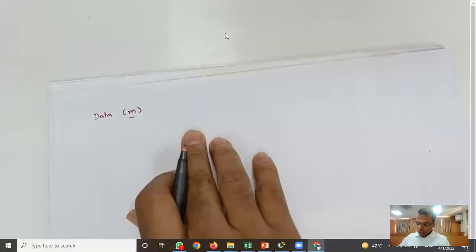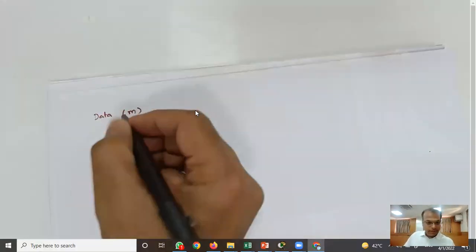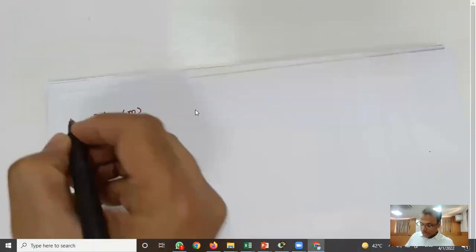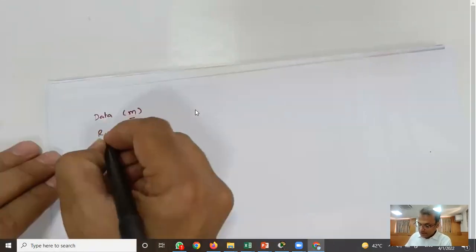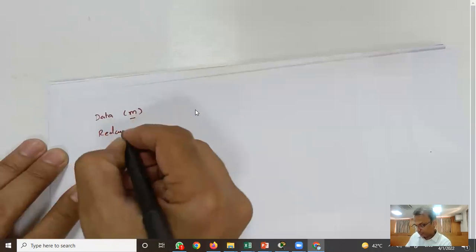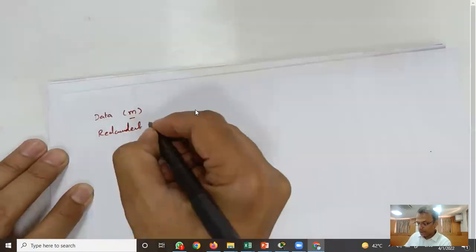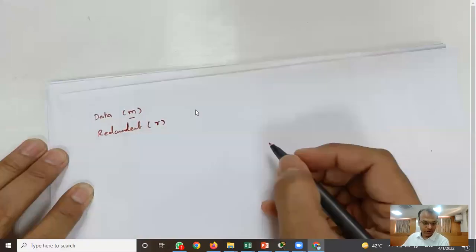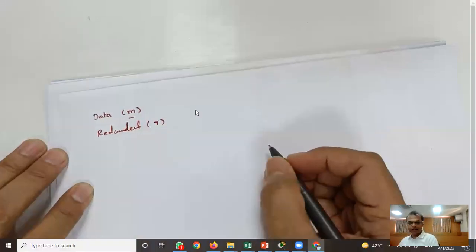Now let's say data is m bits, and then you have to add some redundant bits, that is called r bits, the number of redundant bits.